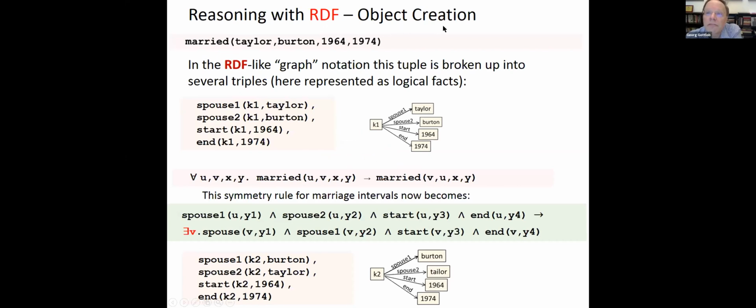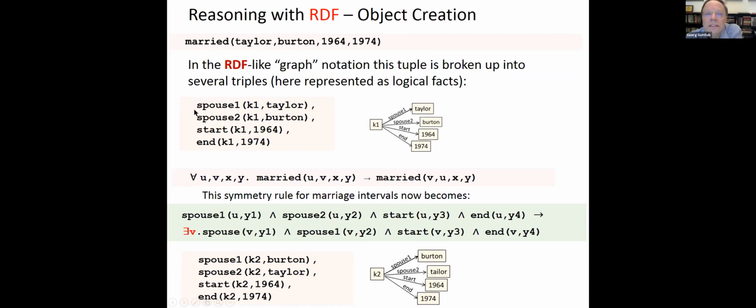Now, reasoning with RDF, let's go back to our marriage problem. Taylor married Burton during this interval, and you want to write a symmetry rule. Now, if you are in RDF, you only have triples, and triples could be predicate, subject, object. Here the predicate is written first in logical notation, but that is exactly an RDF triple.